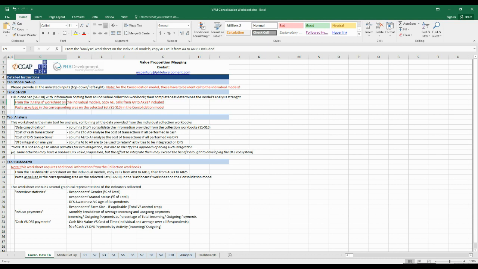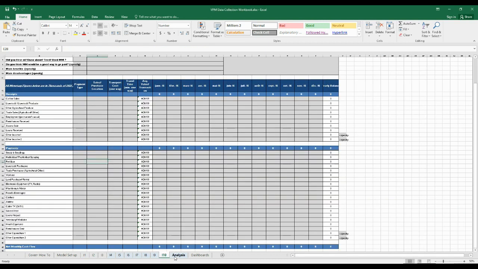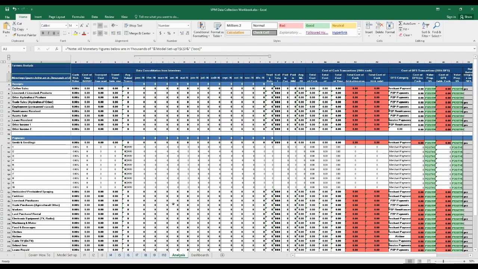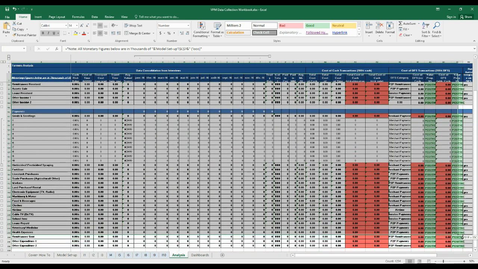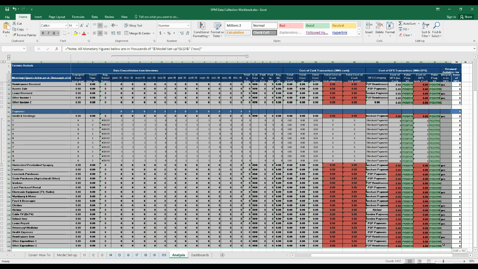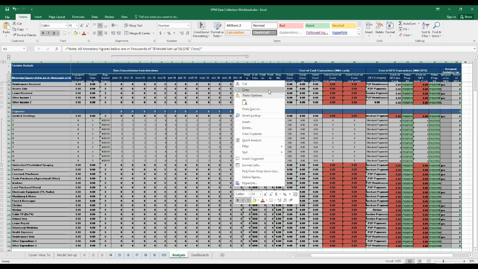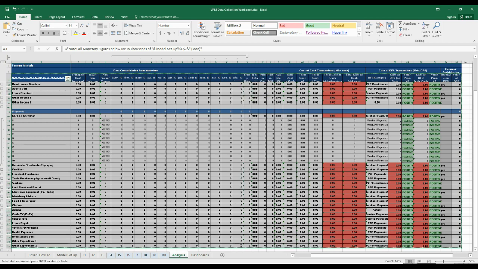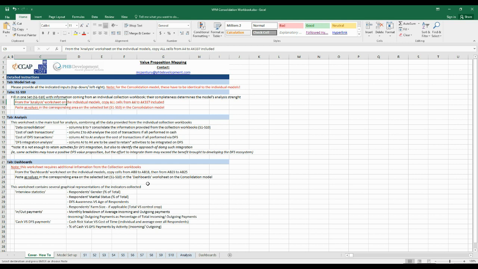If we go to the data collection sheet here and look at the analysis tab, that would be from here all the way down to here. Copy everything, and then the next thing to do is to paste as values in the corresponding area on the selected set, S1 to S10.